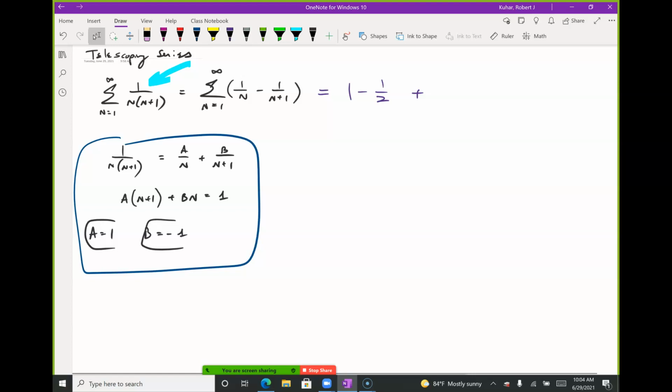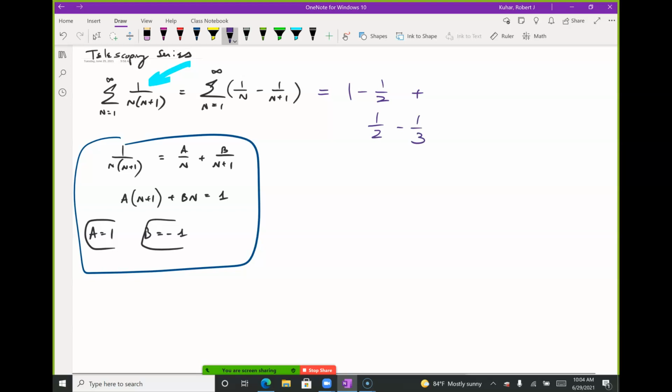When I first would do this, I wouldn't know I would put it underneath, but because it's hinting at me that it's telescoping, that when I close it, interior pieces will collapse, and I'll be left with the beginning and the end, right? When I put in n is 2, do you see what I get? I get 1/2 minus 1/3.